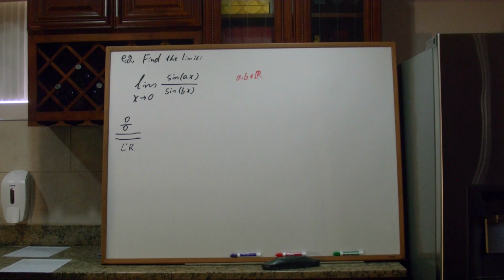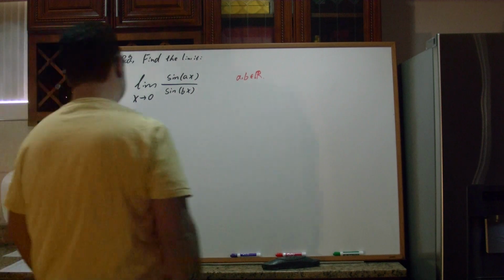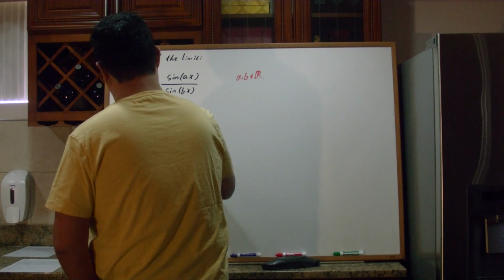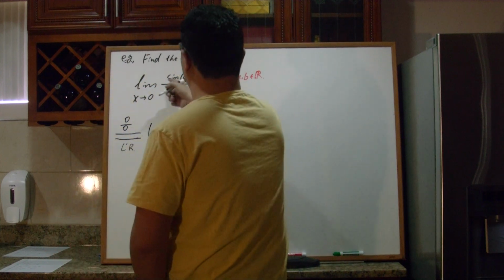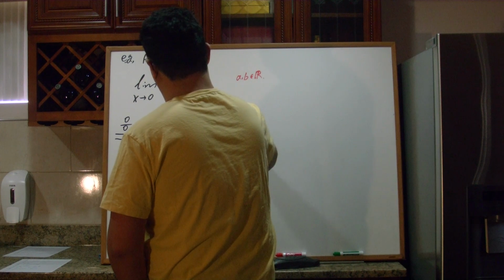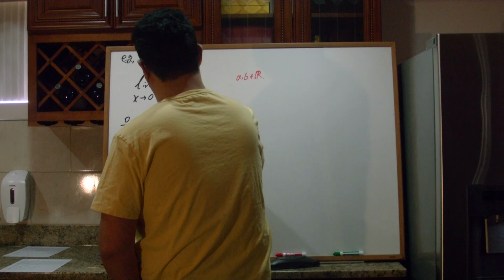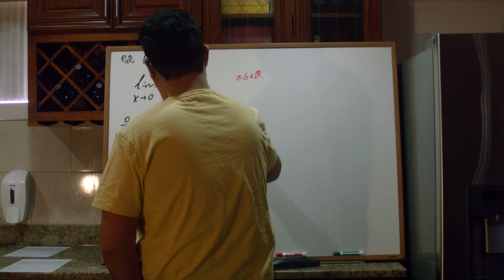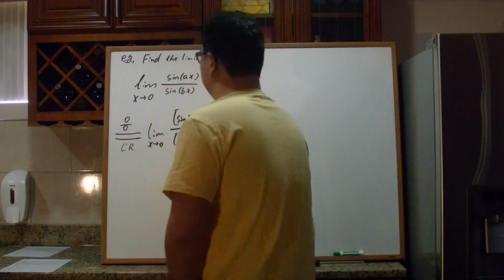We still have the limit as x approaches 0, but with the derivative of sine on top separately from the derivative of sine on the bottom. That's what L'Hopital's rule says.